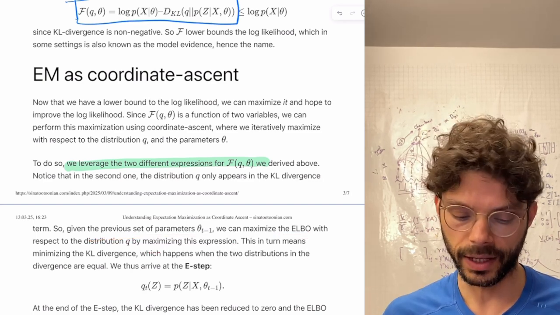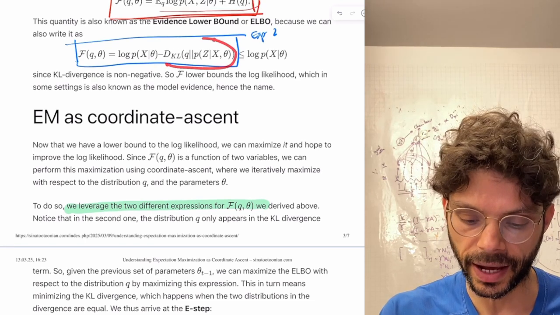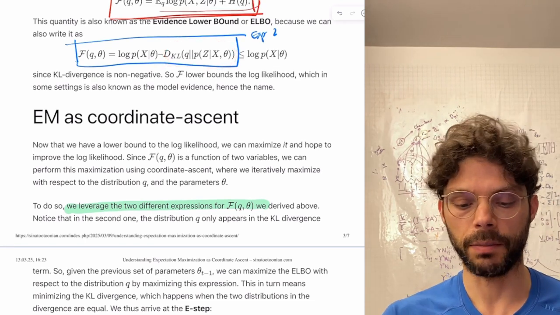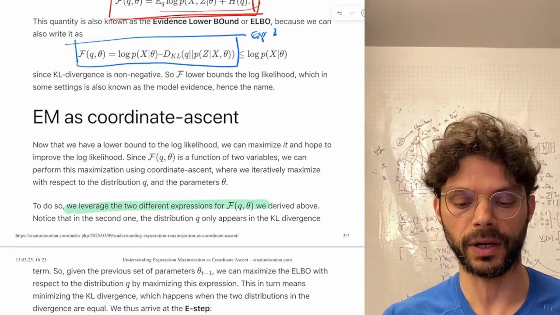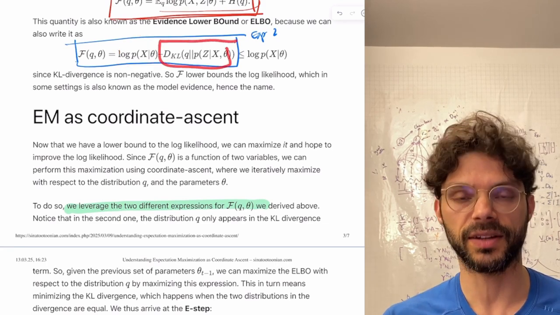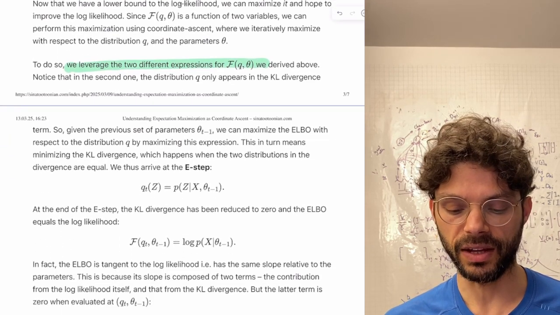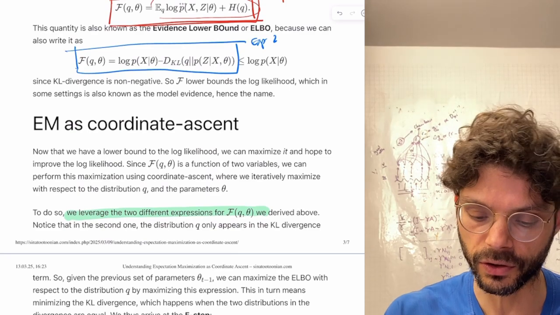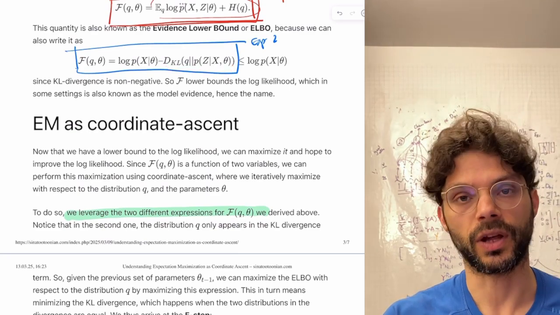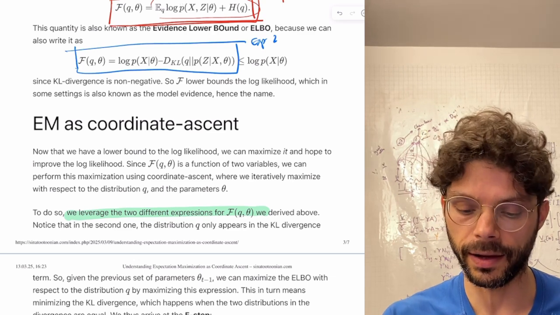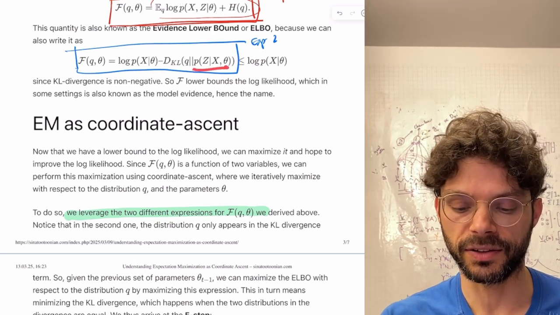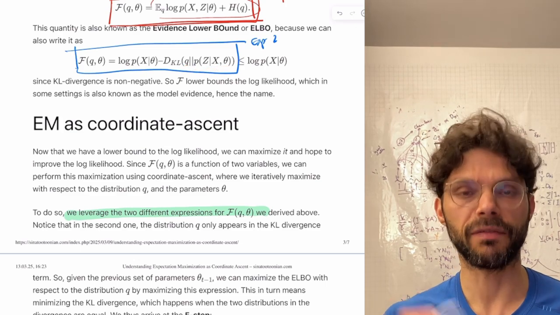What does that mean? That means minimizing the KL divergence, because q just is not showing up in the other term. All we can do is minimize this negative term. And so we arrive at the E step, because the KL divergence is going to be 0, which is the smallest value it can take, if and only if this distribution equals the posterior.